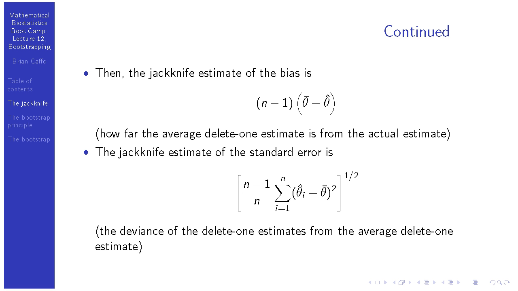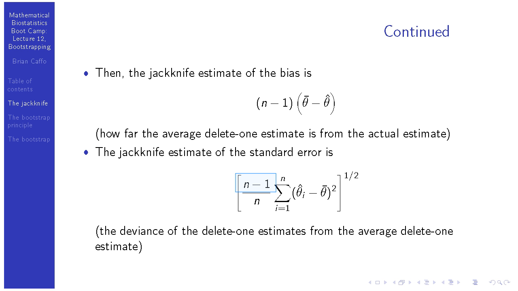So again, the rationale for this factor out front, the extra n-1: why not just take the variance of the leave one out estimates as an estimate of the standard error of the statistic? Well, it turns out that the leave one out estimates, because they have the majority of the data, n-1 of the data points included, tend to be quite close to one another, and excessively close to one another.